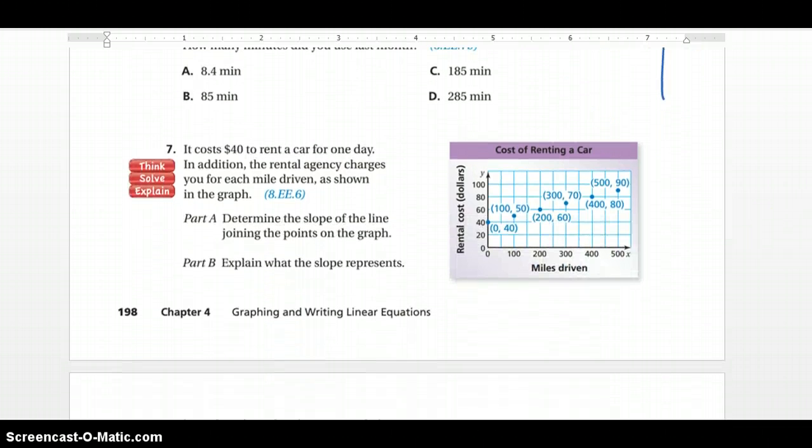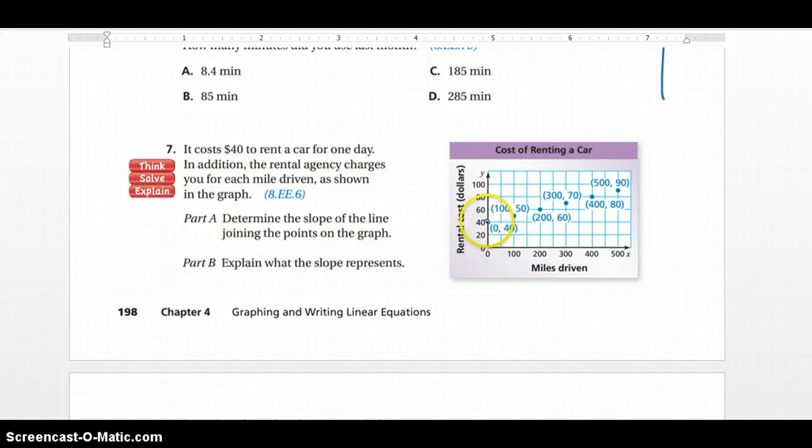Number 7. It costs $40 to rent a car for 1 day. In addition, the rental agency charges you for each mile driven, as shown in the graph. So we started at 40, that's my y-intercept, and then each mile I am charged a price.